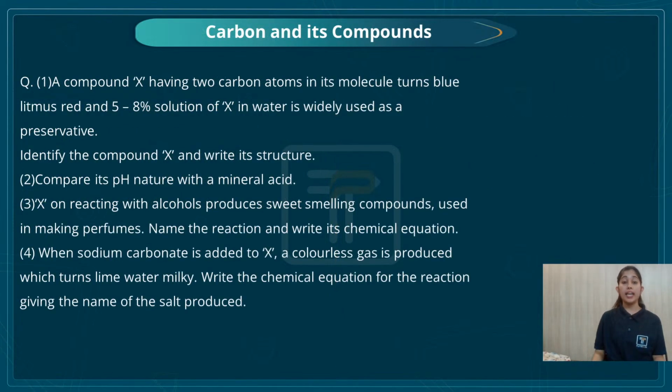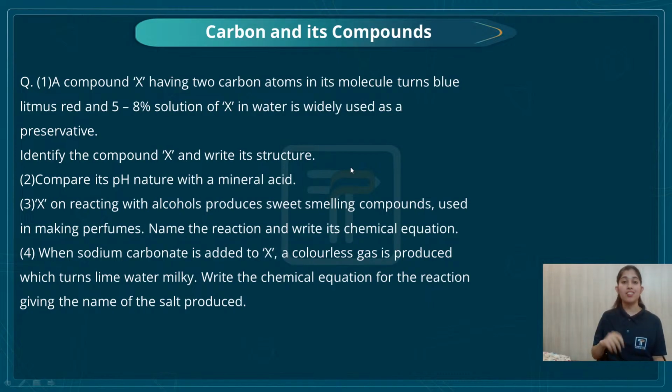Okay. Again, from carbon and its compounds. A compound X having two carbon atoms in its molecule turns blue litmus to red. Again, students, this itself is a hint. Blue litmus to red.